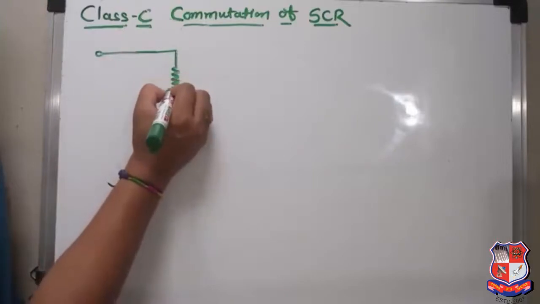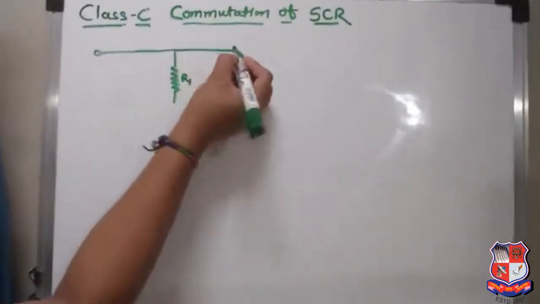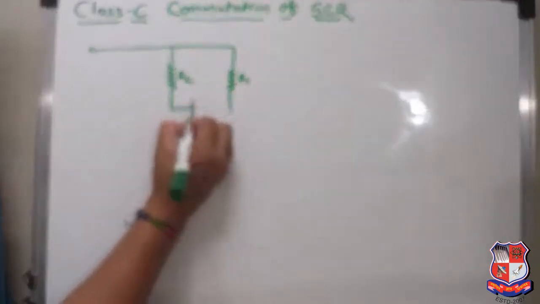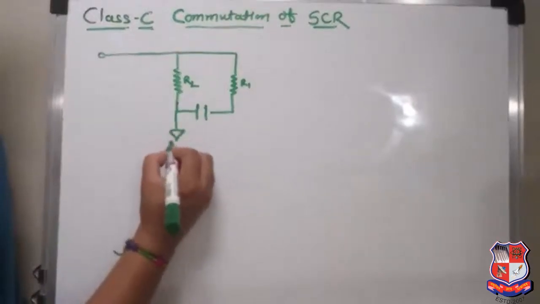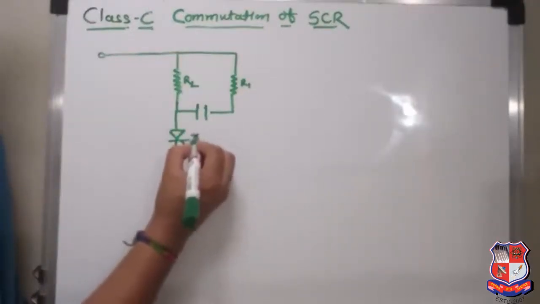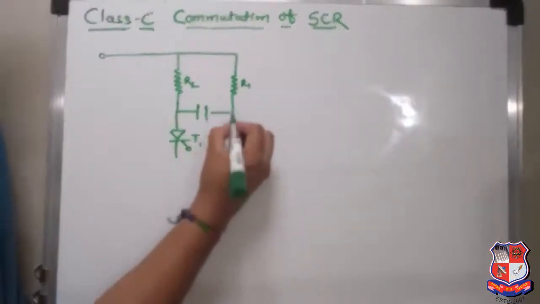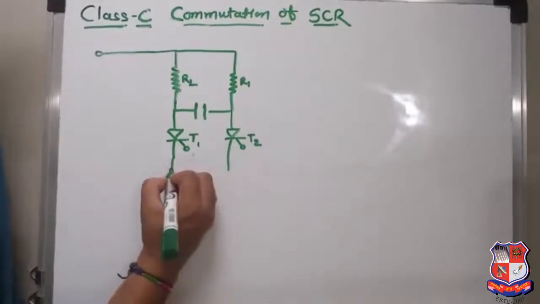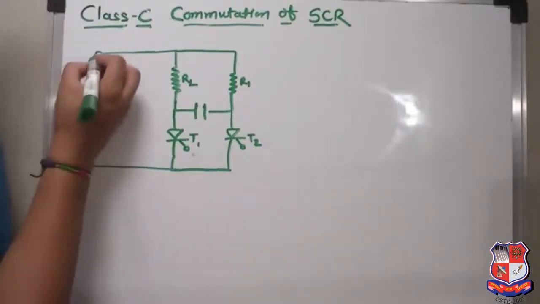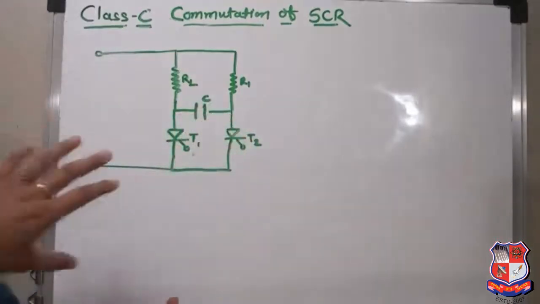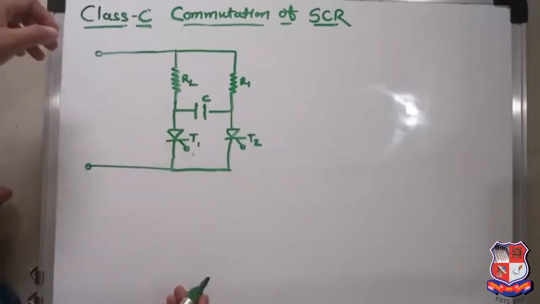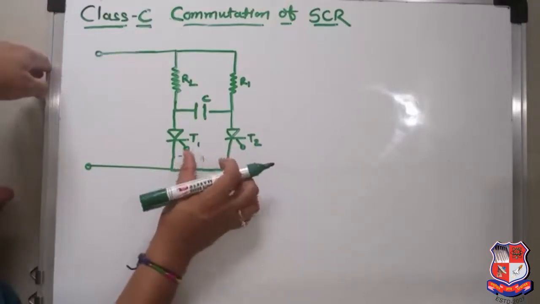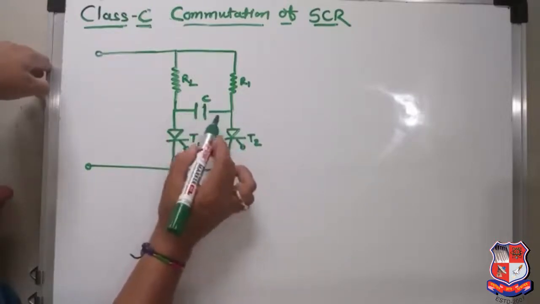Here a load resistor RL, here another resistor R1, a capacitor is connected, here a main thyristor which is labeled T1, and here another thyristor which is labeled T2. This is the circuit for the class C commutation in which 2 thyristors are used, T1 and T2. T1 is the main thyristor and T2 is the auxiliary thyristor, and the capacitor is connected across the thyristors.